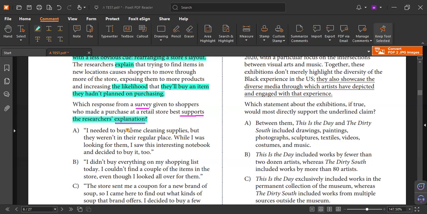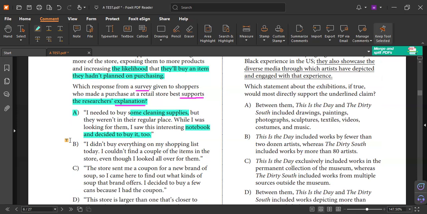So I want to buy some cleaning supplies, and in the end I buy something I don't need, or I didn't plan to buy. Does this situation support the main claim of the explanation, yes or no? You planned to buy something and then you buy something else you hadn't planned to. So that means it's correct. I wanted to buy, but I bought something else. I thought it's A, and we have evidence.